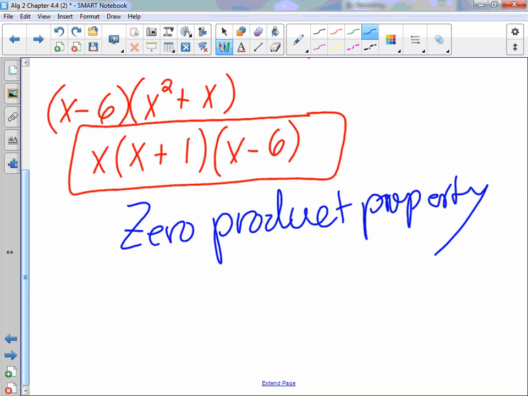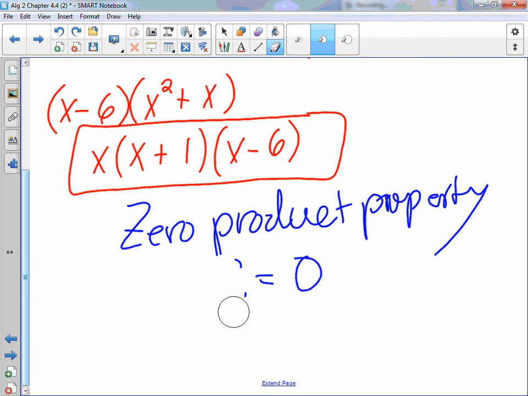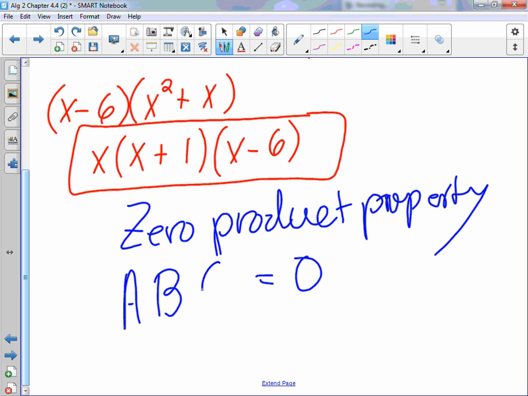Zero product property stated if I have A times B equals 0, if I have two things multiplied to equal 0, well, what do we know about A and B? One of them has to be 0. Zero product property, when we covered it last chapter, just said A times B, yes? What about A times B times C? One of them still has to be 0, yes? Does it matter how many things I've multiplied together?